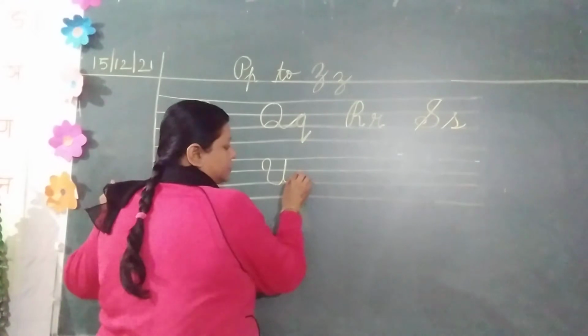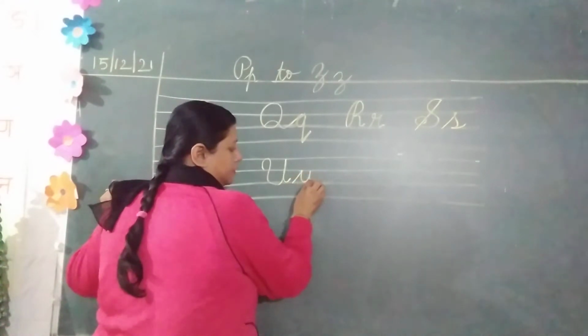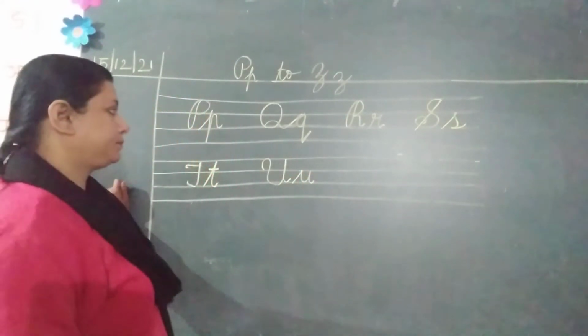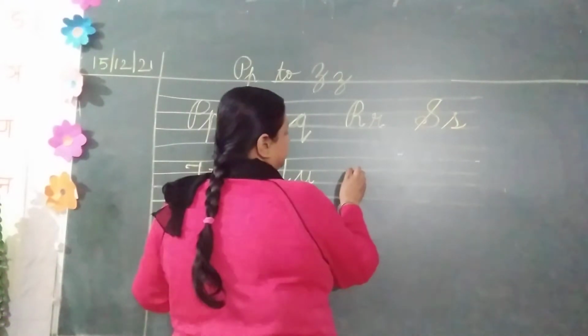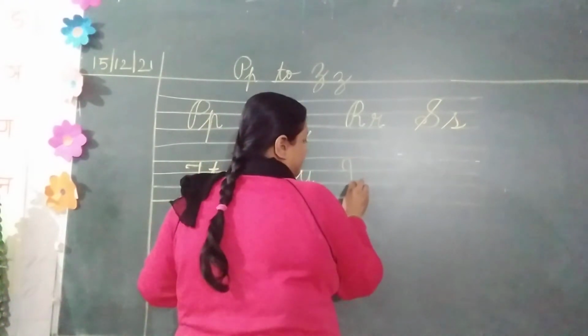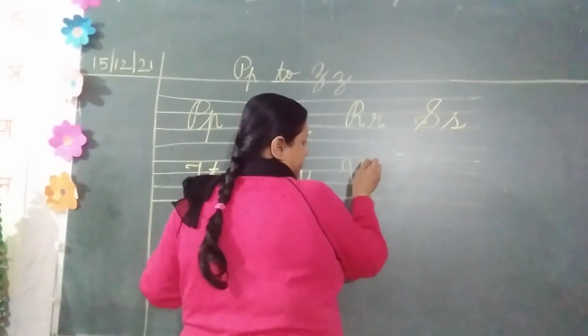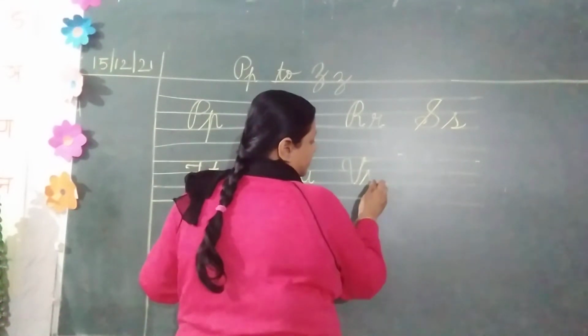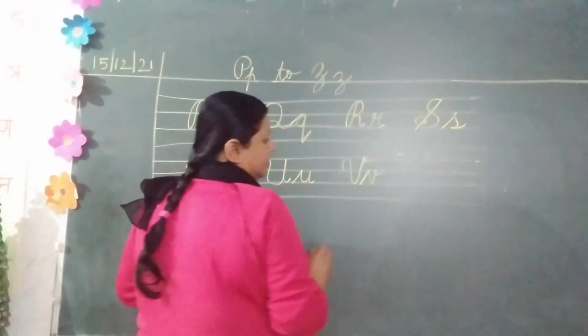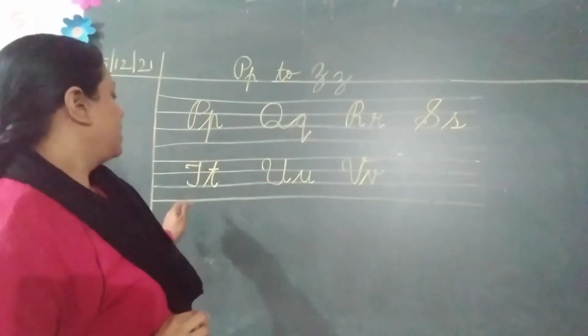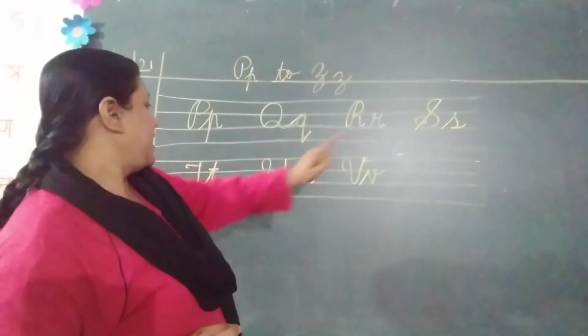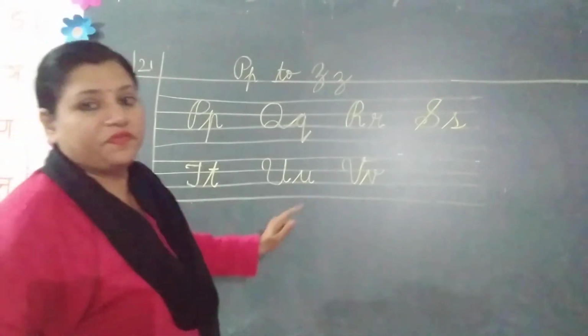Again, stroke U. V for van. Like this we will do. P Q R S T U V.